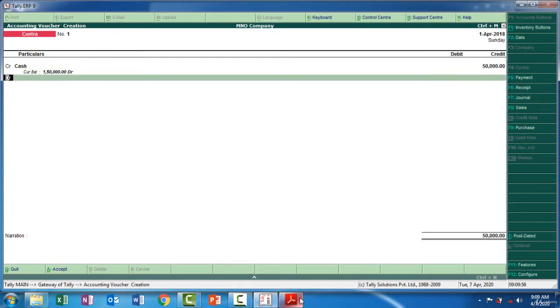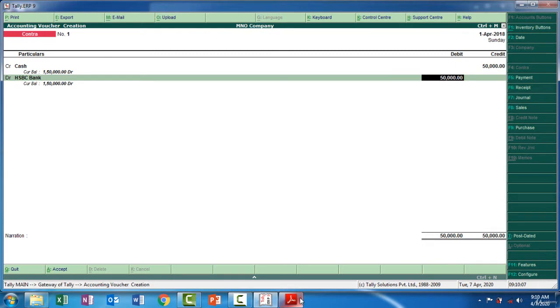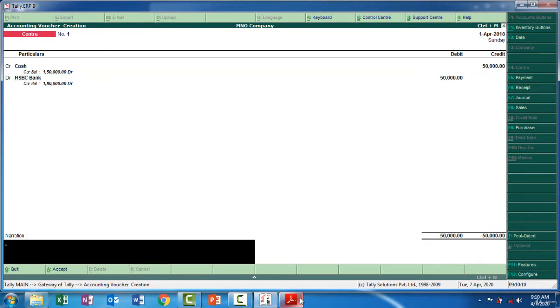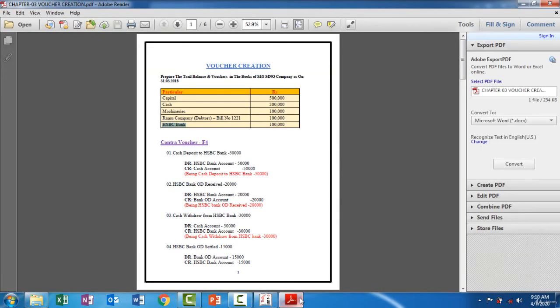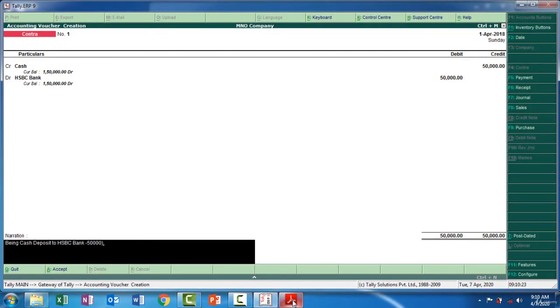The next one, HSBC bank, it will be increased, because I have already created HSBC bank. So I'm going to select it, 50,000, and the narration is: Being cash deposit to HSBC bank 50,000, then Enter.